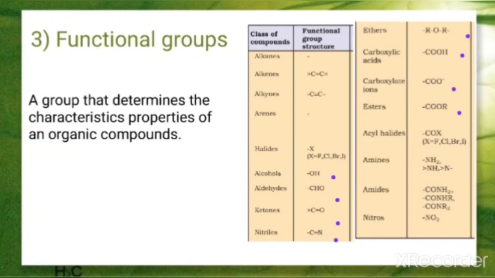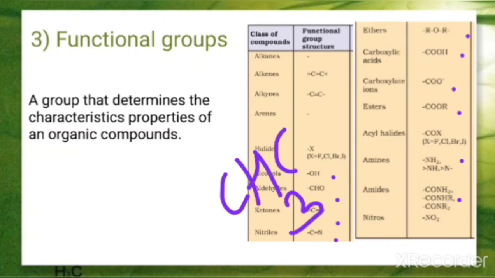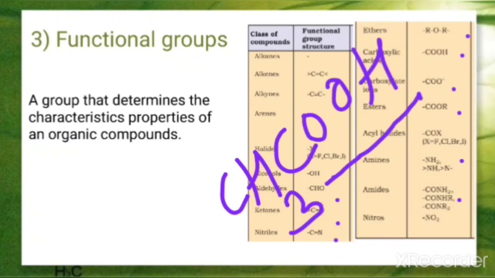These are the important functional groups which determine what the organic compound is. For example, take CH3COOH, you are familiar with this, acetic acid. Acetic acid is an organic compound in which the functional group present is the COOH group, which is the acidic group. So this group determines that it is an acid.